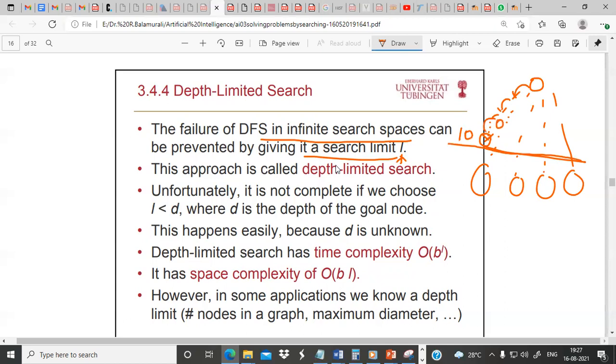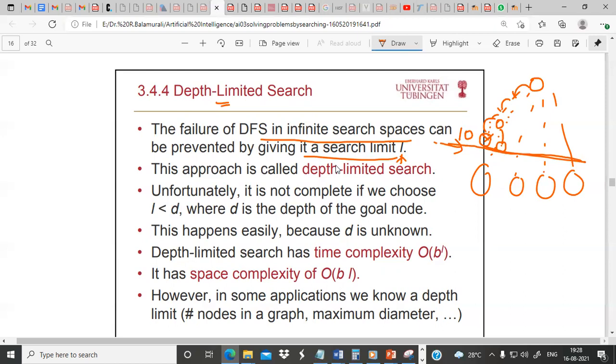Then it will go to the parent and check whether the parent has another child or not. So the working mechanism of the algorithm is limited to a particular depth L. If you do that, that is called depth limited search. So by doing that, what will happen?